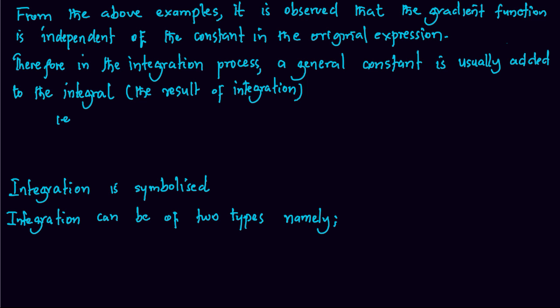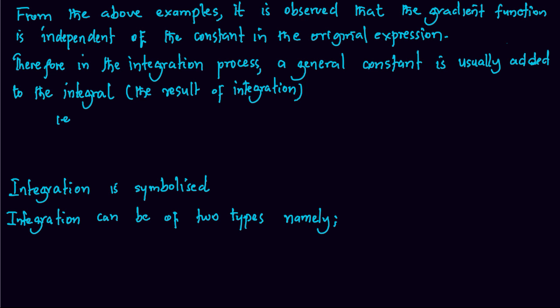And therefore, in the integration process, a general constant is usually added to the integral so that this general constant takes care of the presence or absence of a constant during the integration process.